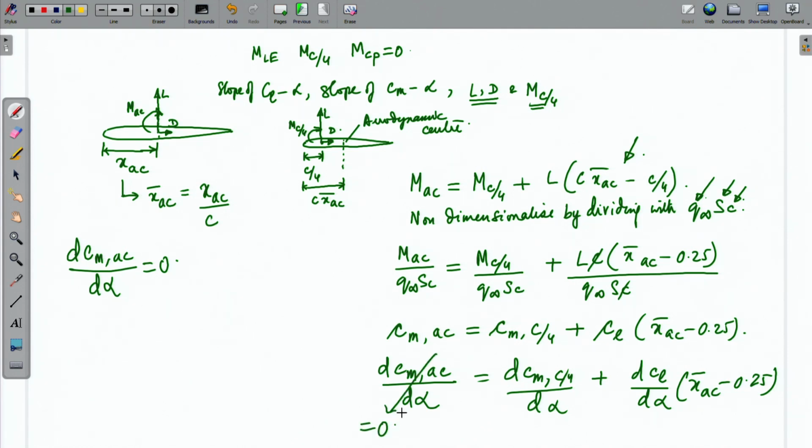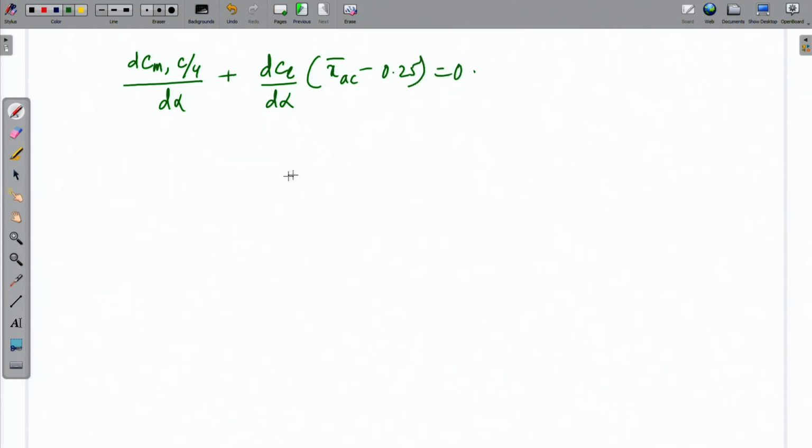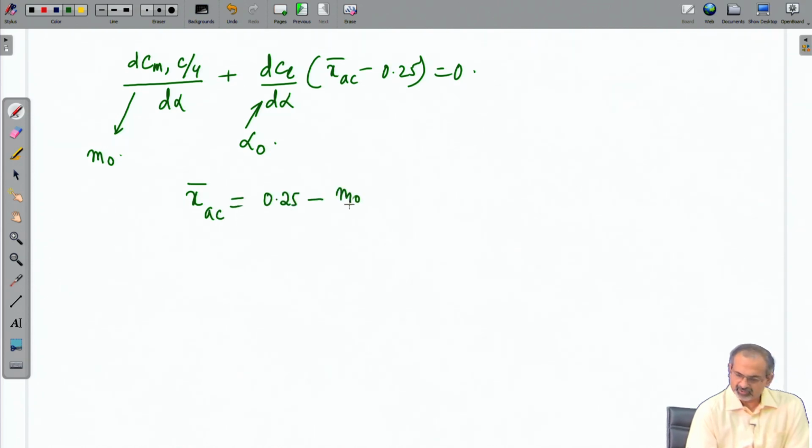By definition, this is equal to 0, because it does not change with alpha. So, finally, what do you have? You have d C m c by 4 d alpha plus d C L d alpha times x bar a c minus 0.25 equals 0, that is the condition. Let us call this alpha naught, and let us call this m naught. So, what do you get? You get x bar a c is 0.25 minus m naught by alpha naught.